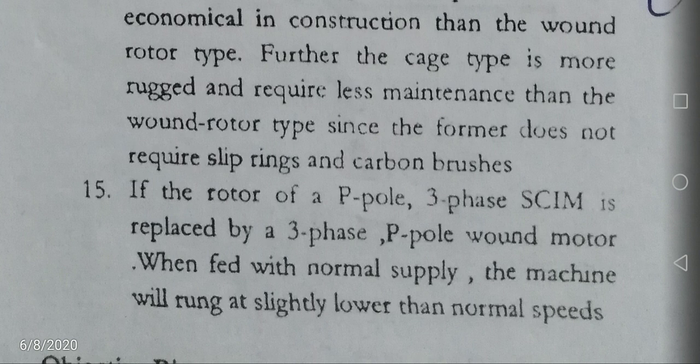If the rotor of a P-pole three-phase squirrel cage induction machine is replaced by a three-phase P-pole wound rotor, when fed with normal supply, the machine will run at a slightly lower than normal speed.